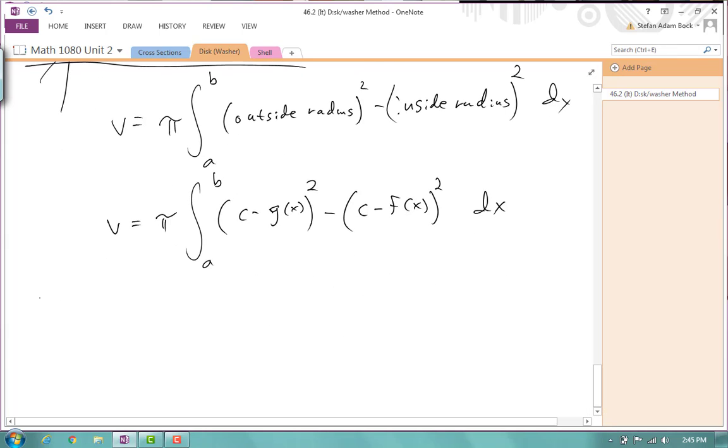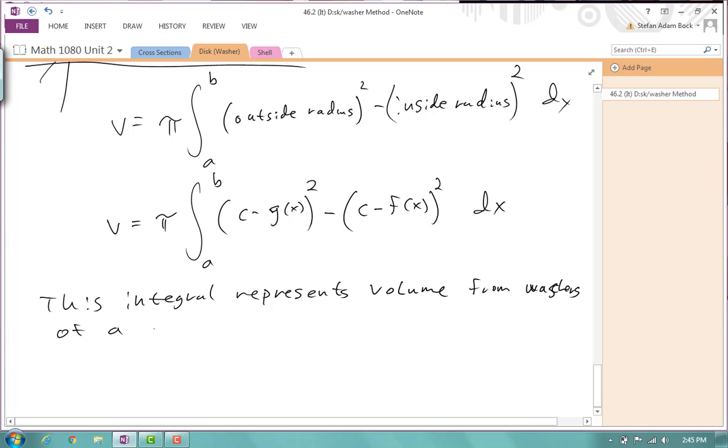I'll say that this integral represents volumes from washers of a region revolved around the line y equals c.